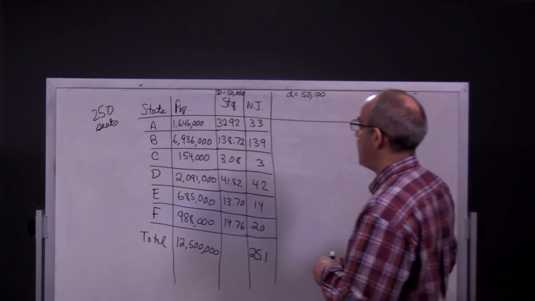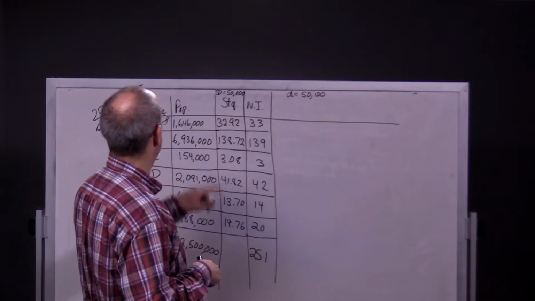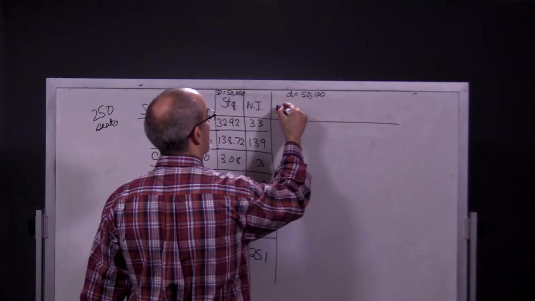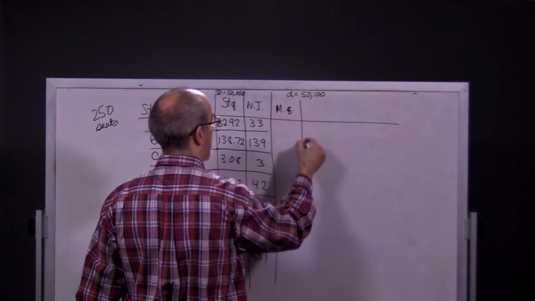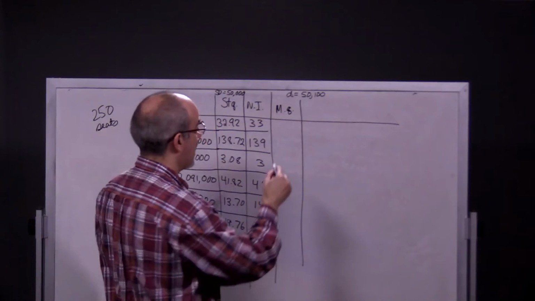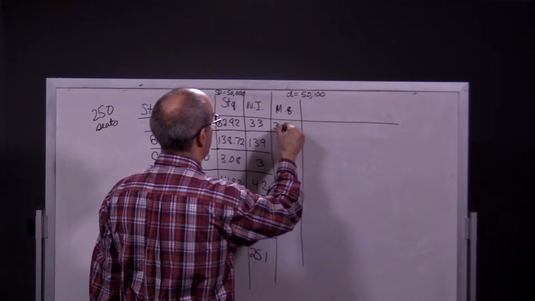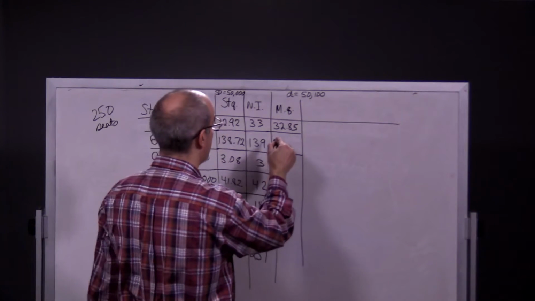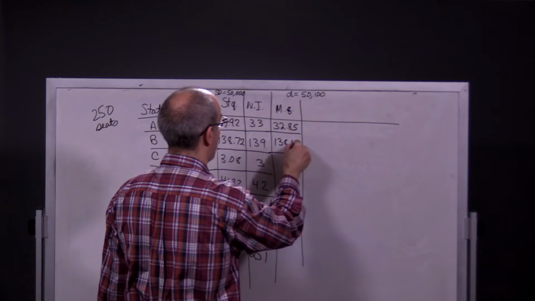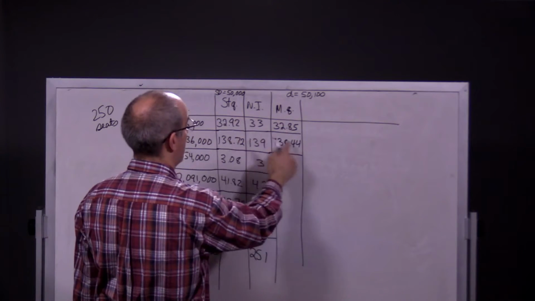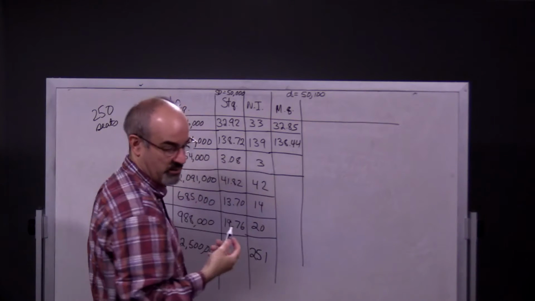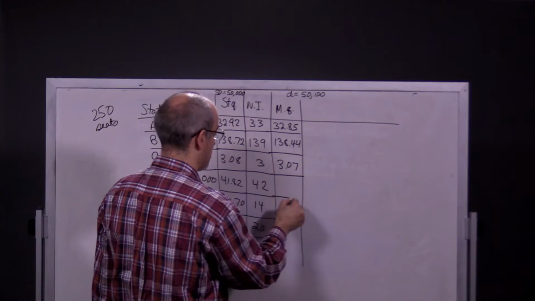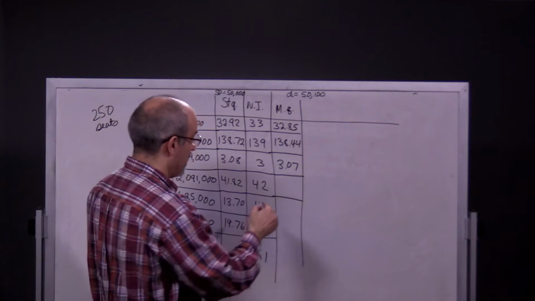50,100. When you divide this state's population by 50,100, I'm going to write MQ for modified quota. This comes out to be 32.85, 138.44. See that every number is going to go down because you're dividing by a bigger number. This goes down, but not that much. I'm surprised it only went down that much. 41.